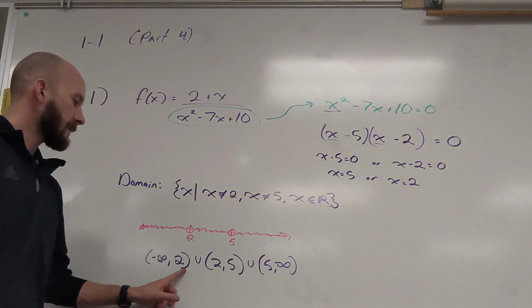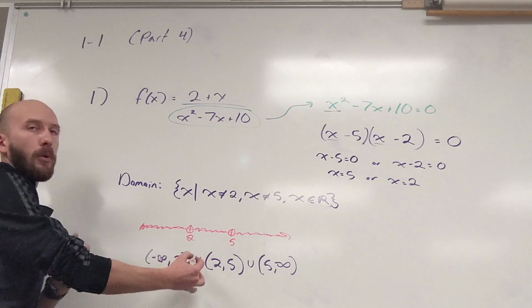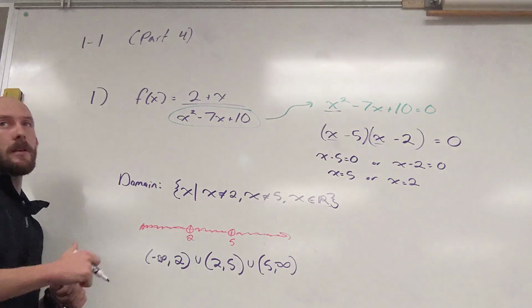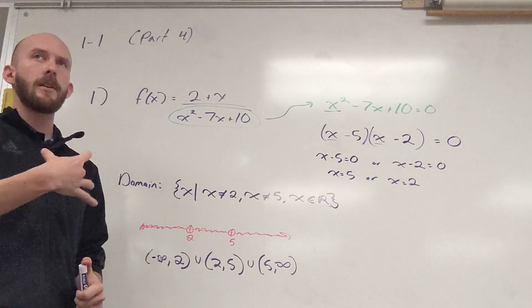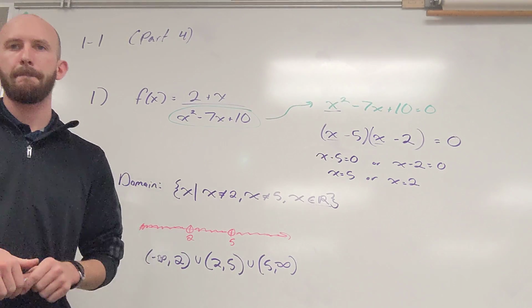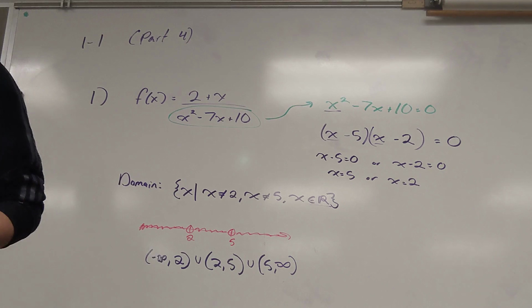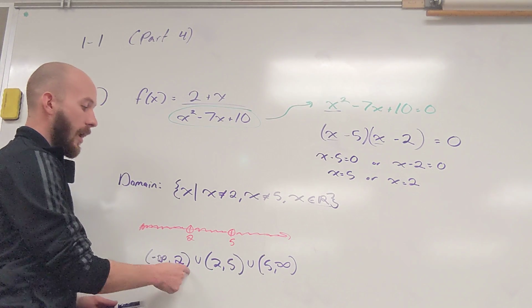The parenthesis means that it cannot be equal to 2. If it was a bracket, then that would mean it could be equal to 2. So parenthesis is like an open dot, bracket is like a closed dot. Then, how does 2 and 5 work there? Isn't it saying it's not equal to 2?